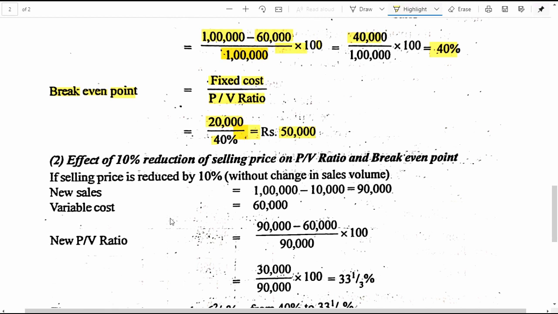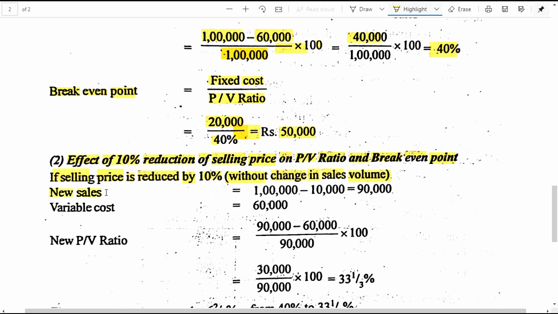Now let's get into the revised situation where we find 10% reduction in selling price. We are going to analyze the effect of 10% reduction of selling price on PVR and break-even point. That is what we are going to do as per the revised situation. If the selling price is reduced by 10%, assuming that there is no change in sales volume, we are free to make this assumption when the problem is silent about the change in the sales volume.